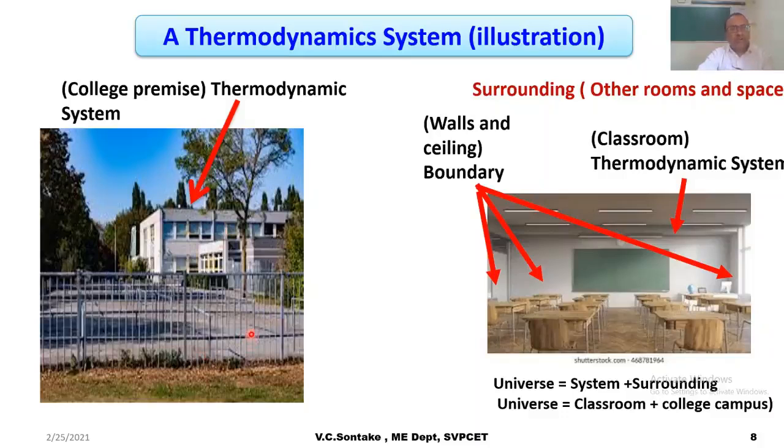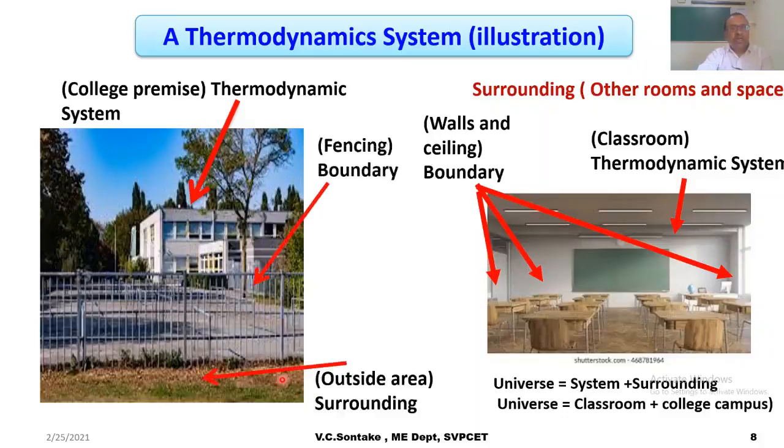The fencing of this college premise will be called as boundary because it is neither the part of the college premise nor of the surrounding. And everything external to the system and beyond boundaries will be surrounding of this college premise as thermodynamic system. And college premise plus surrounding put together is called as universe.